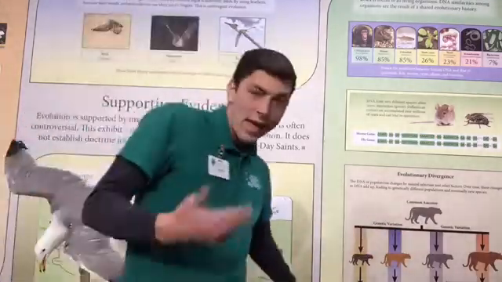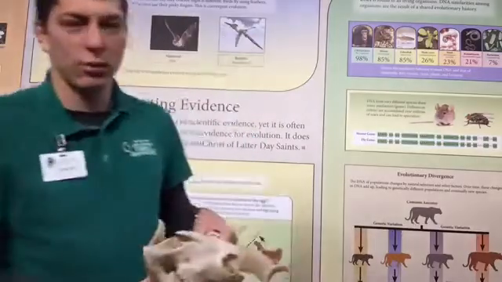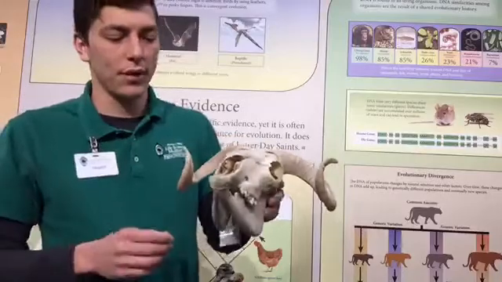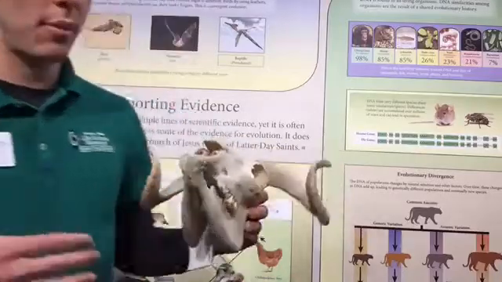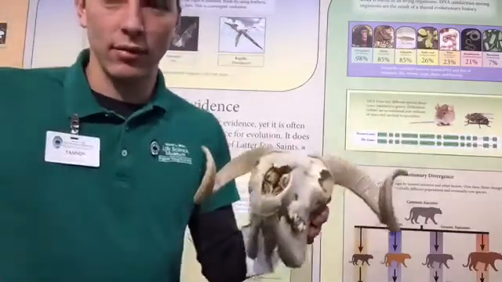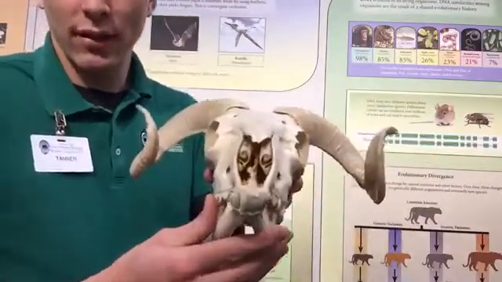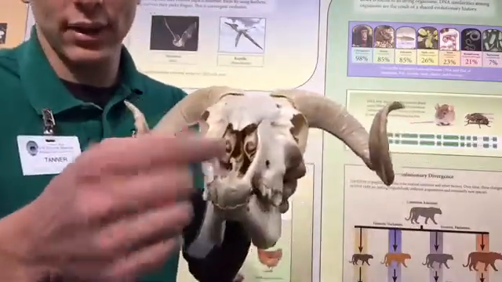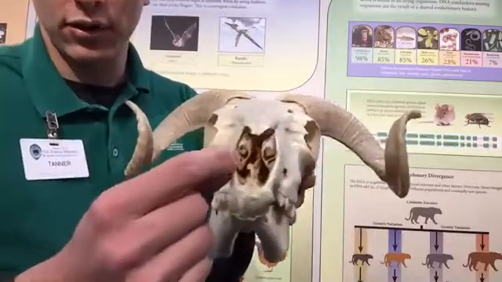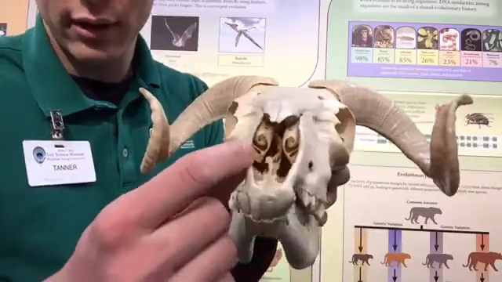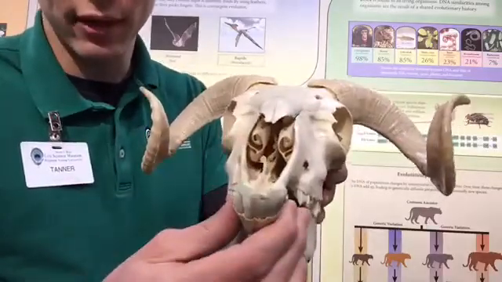I just want to end by showing you some really cool adaptations. One that I think looks really cool. And just think about, why do you think that is? So if you look, this is a sheep skull, if you look in the nasal cavity, its nose would be right here. See all those spirals? It's pretty cool looking, I think.